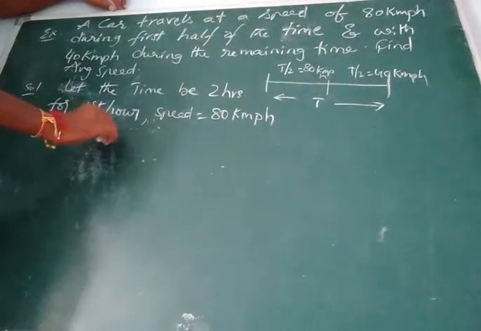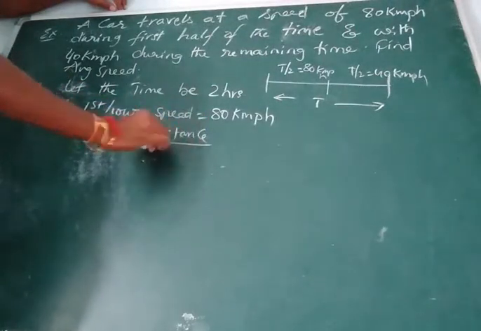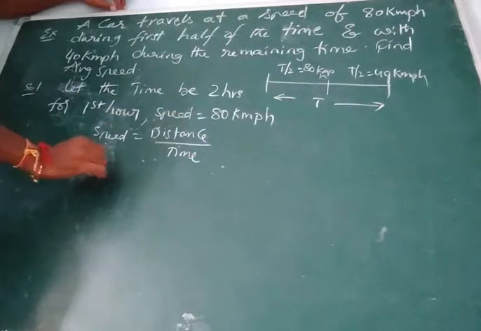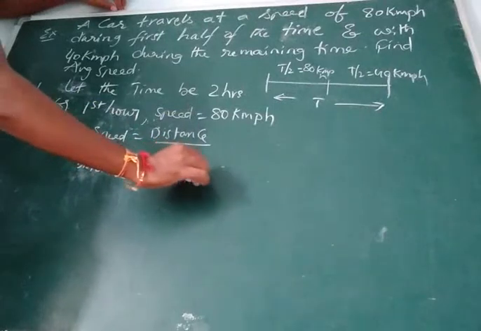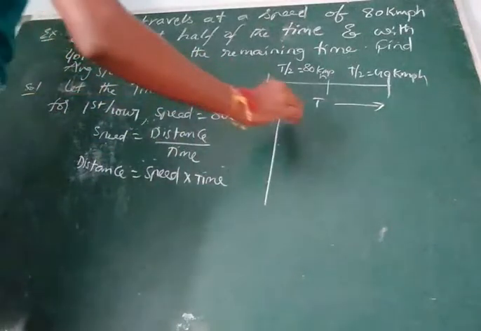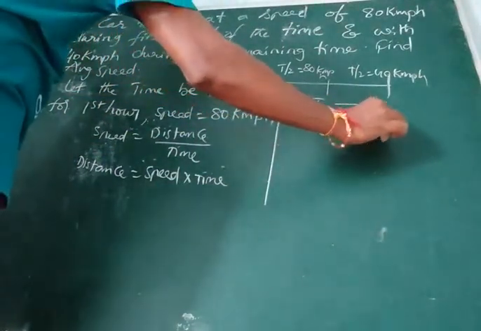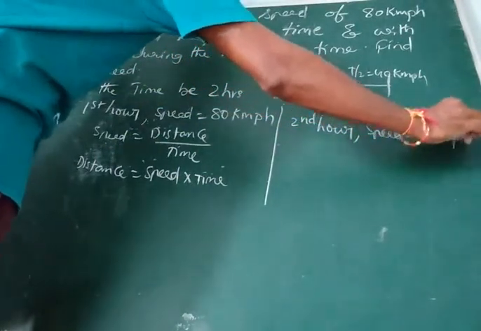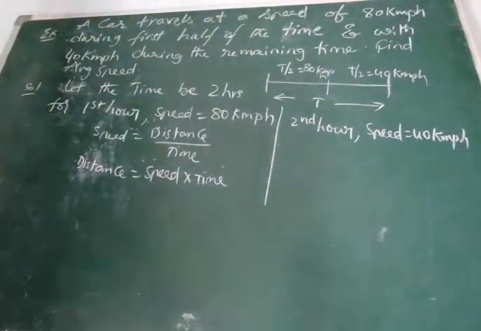Speed is equal to distance by time, then distance traveled is equal to speed into time. Same for the second hour, speed is equal to 40 km per hour.